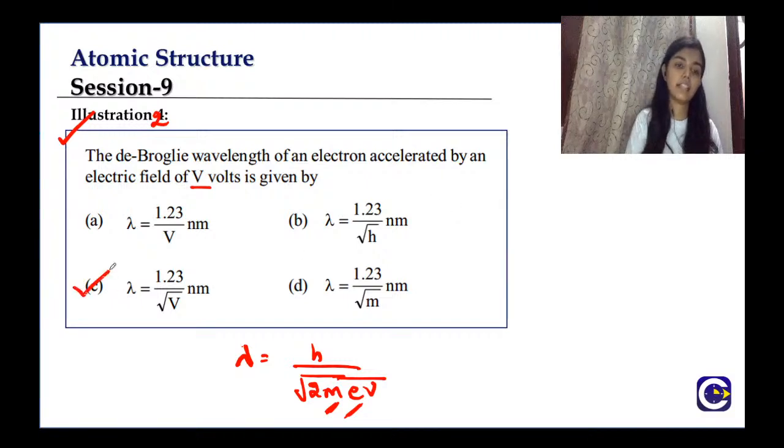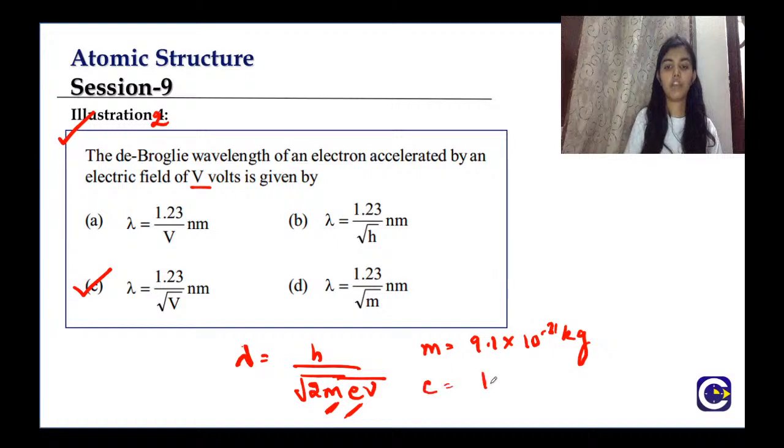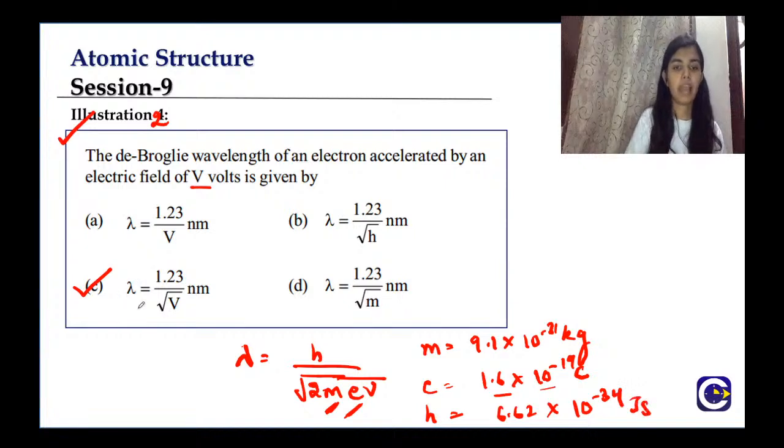The answer is C. If you put the mass of electron 9.1 into 10 raised to the power minus 31 kg, the charge on electron 1.6 into 10 raised to the power minus 19 coulomb, and h value as 6.62 into 10 raised to the power minus 34 joule second, then you will obtain lambda as 1.23 divided by root V nanometer.